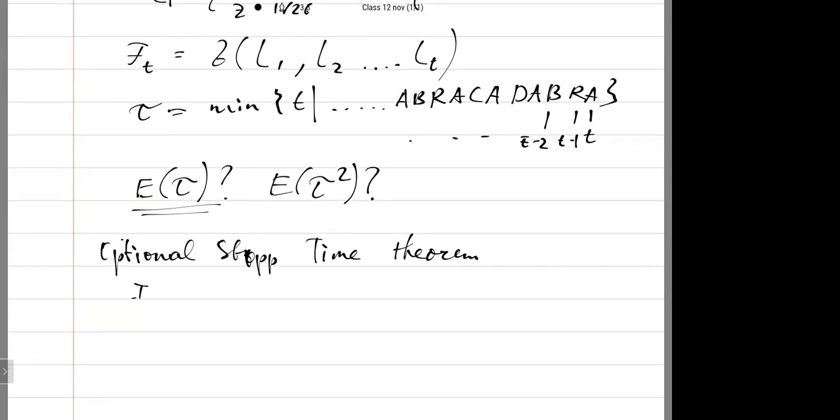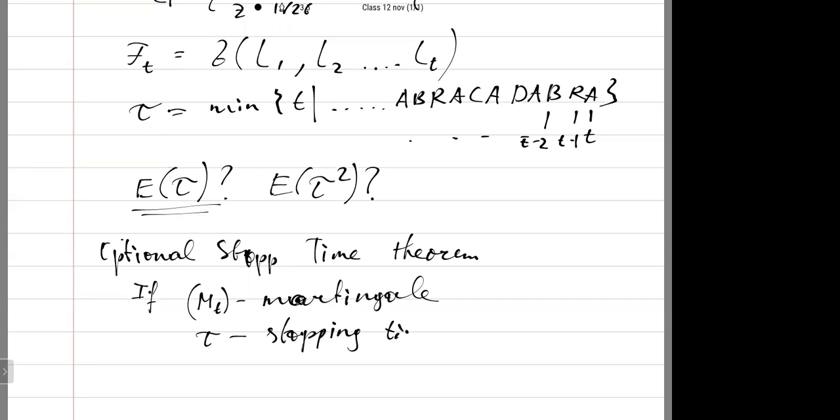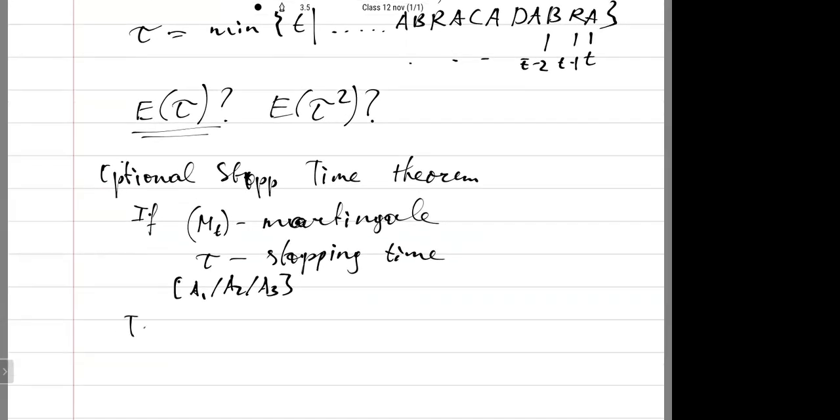It says that if M_t is a martingale, and tau is a stopping time, with some technical conditions like A1, A2, A3, but I don't care for the moment, then what is the main conclusion of the optional stopping time theorem?